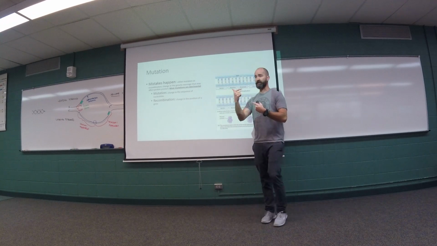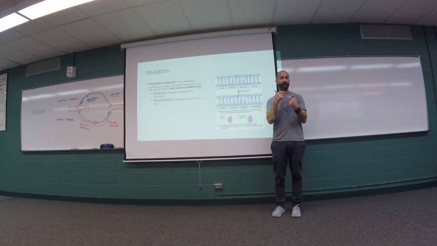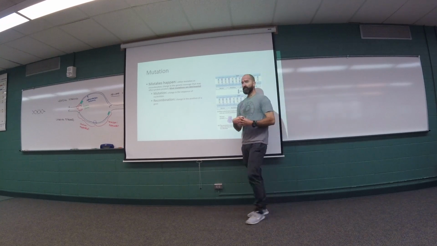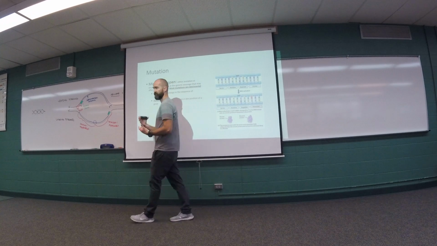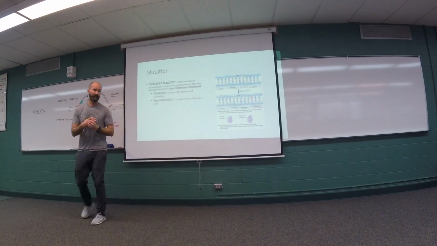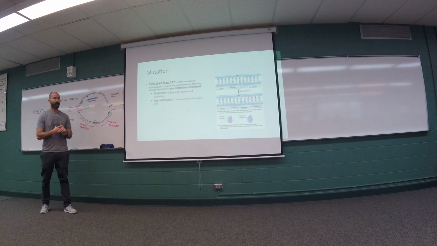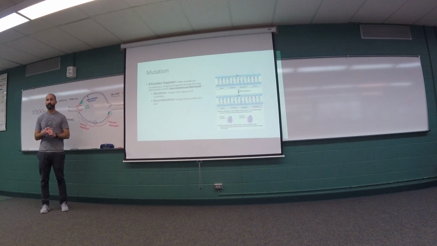Like purines can be flip-flopped accidentally, so instead of an A, we get a G, or instead of a T, we get a C. That exchange, or that mistake in replication, is by definition a mutation. A mutation is any change to our DNA.